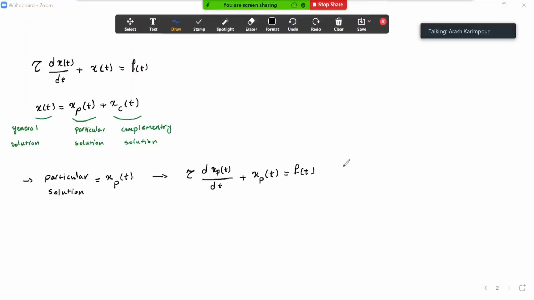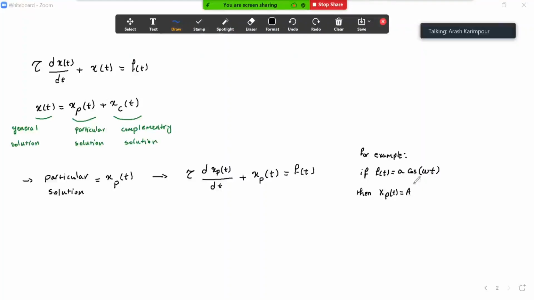And usually you are given how it's going to look, but generally, for example, you are going to be given this, so you don't need to be worried about that. But for example, if f(t) is going to be something like r cosine omega t, so it's a time dependent source, then xp would be something like that.